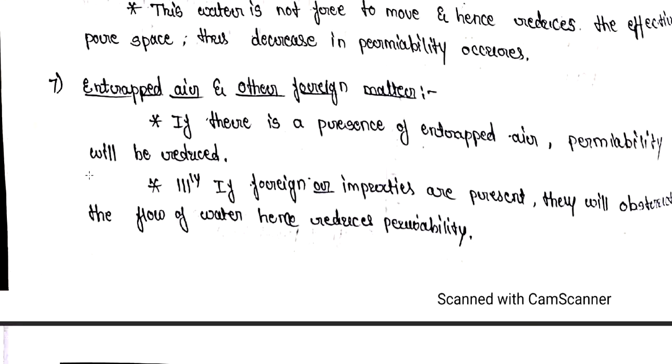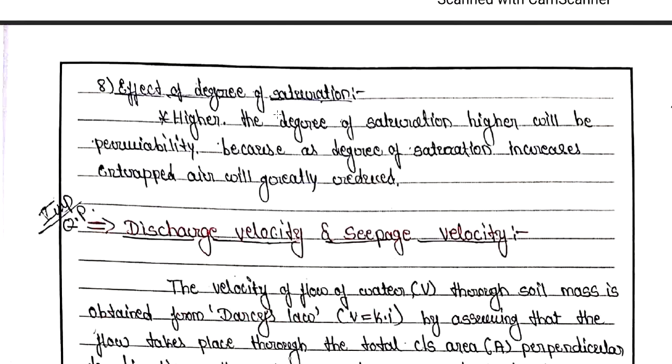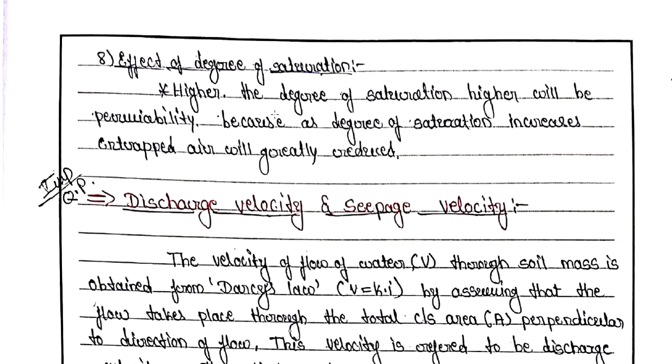If air is entrapped in the soil, it is going to block the path of the water which is flowing through, hence the permeability will reduce in case of entrapped air. Similarly, if foreign materials or impurities are present, they will obstruct the flow of water, hence they reduce the permeability.